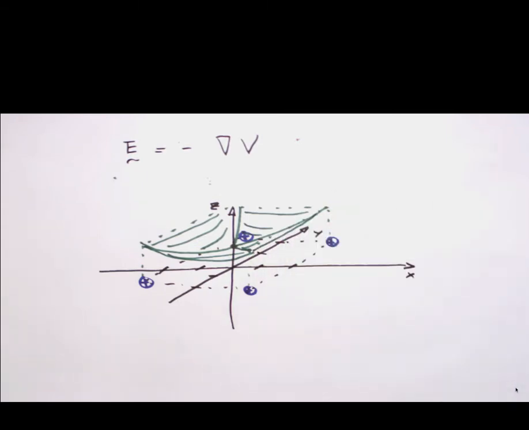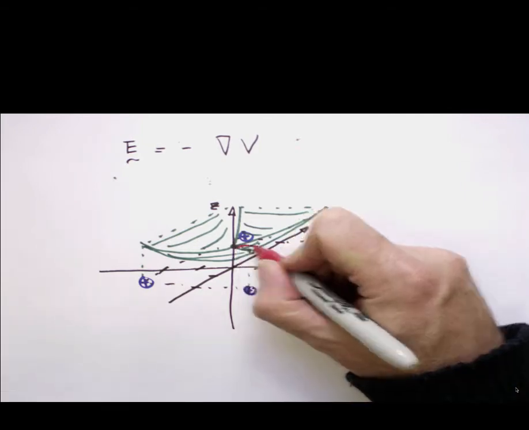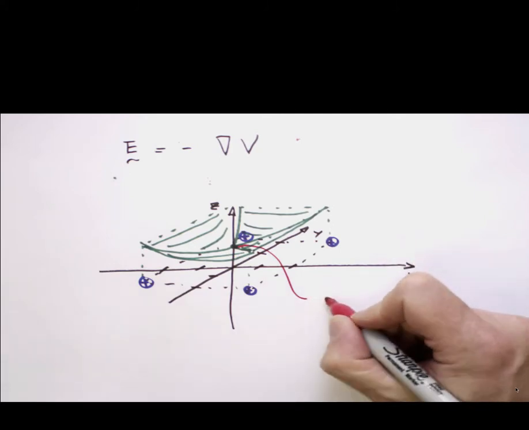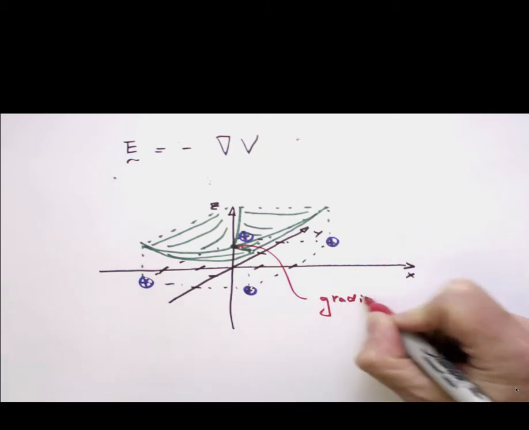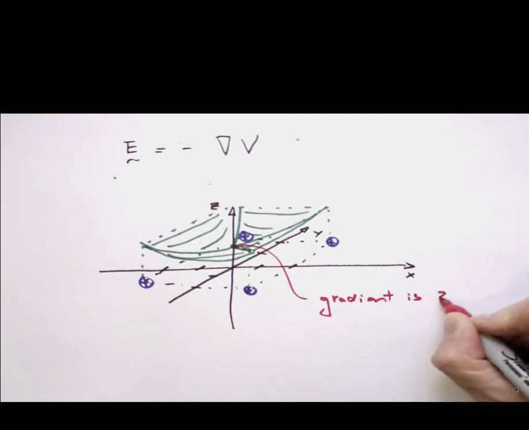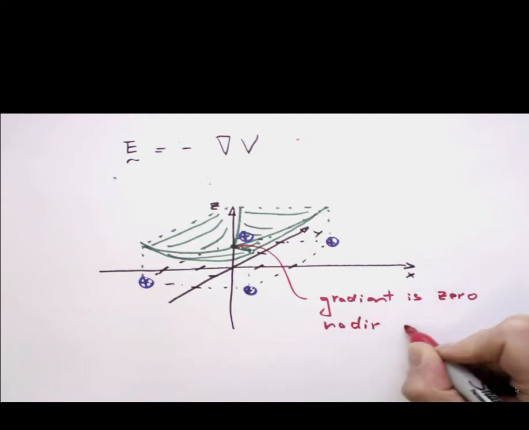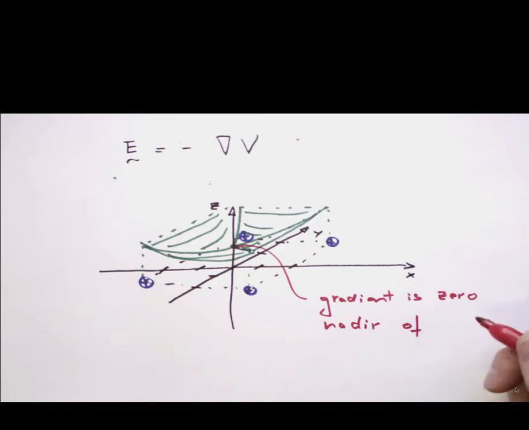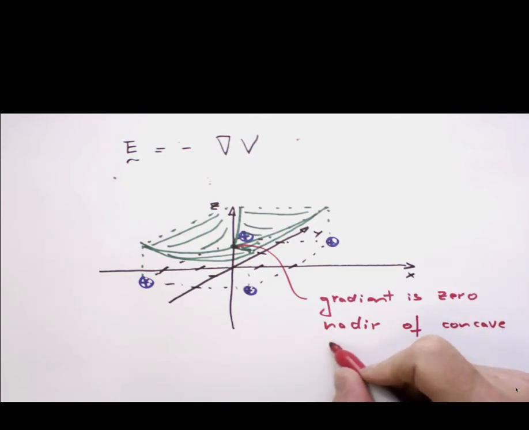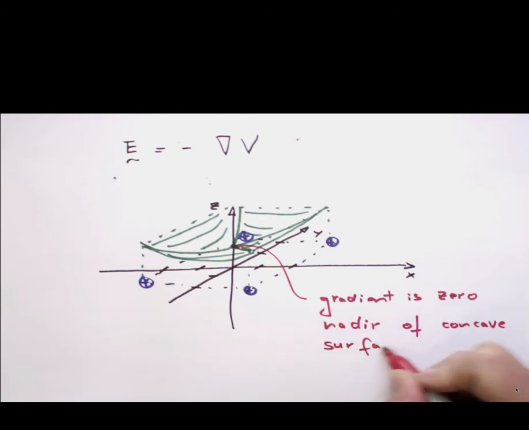So this is the nadir of this point where the gradient is 0. Gradient is 0 at the nadir of some kind of concave surface, looking from the top.